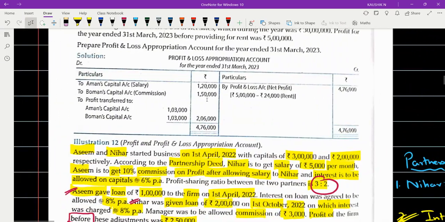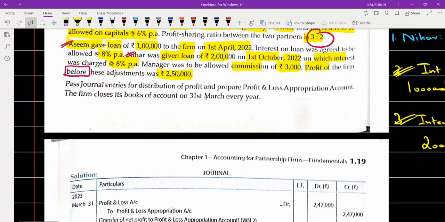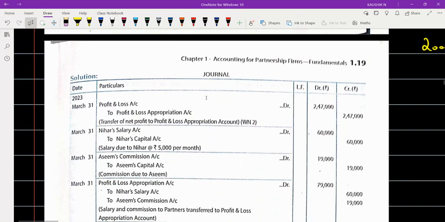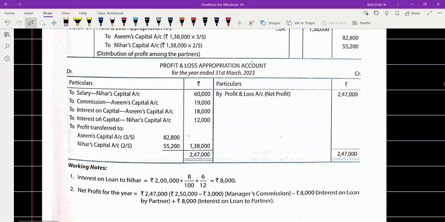Now we are going to pass the journal entry and prepare the P&L appropriation account. First, let me help you understand the P&L appropriation account. Here you have your profit and loss appropriation account for the year ended 31st March 2023. Debit side and credit side, particulars and amount in rupees.